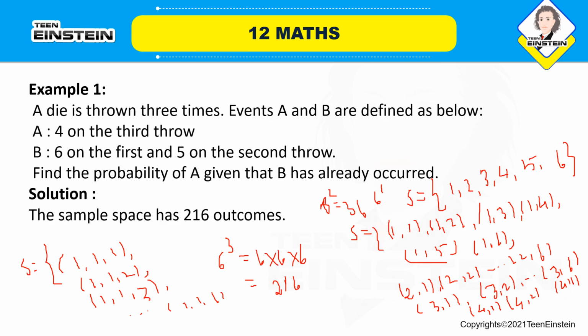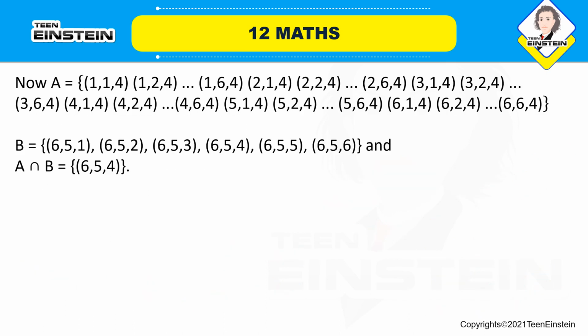Next, I have to define my events A and B. A and B are clearly defined in the problem, but I should write what is A and what is B. What is A? A is 4 on the third throw. I am getting 4 on the third throw. That is my A. So how will I write?